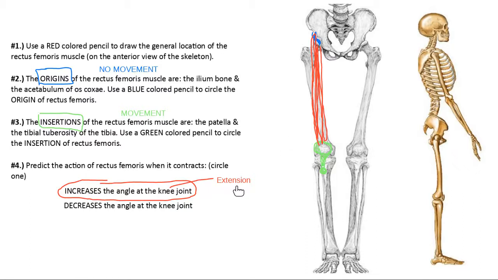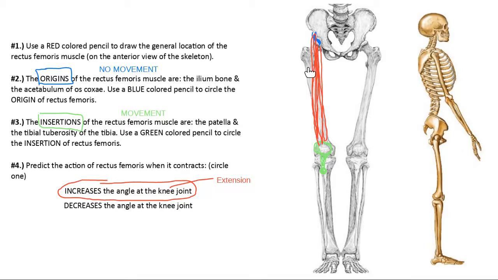If I had instead asked you about the hip joint, when I take your patella and move that patella toward the hips, my angle actually gets smaller at the coxal joint.